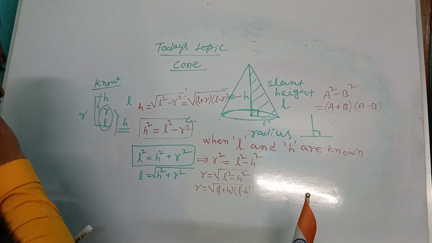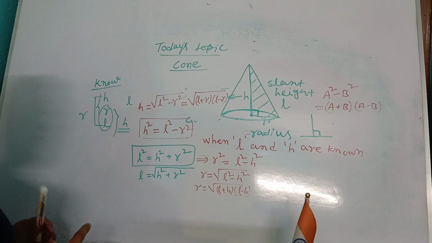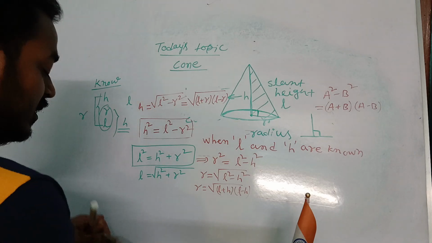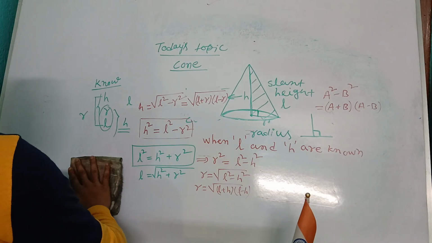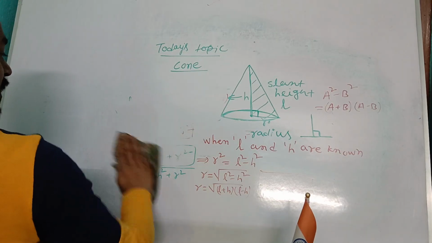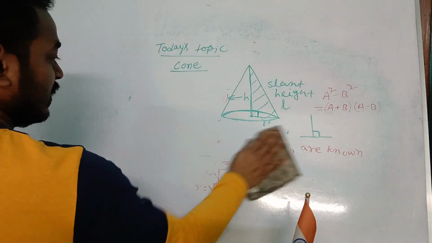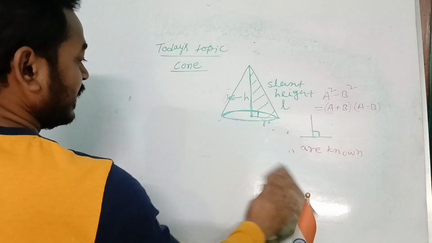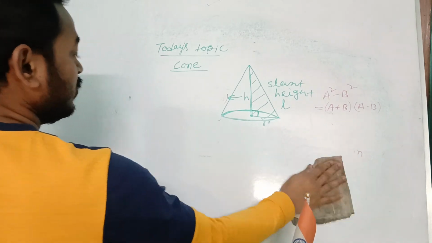Okay. Rewrite it, and next one. Now come to the point: how to find the area. Here, area means two types of areas.